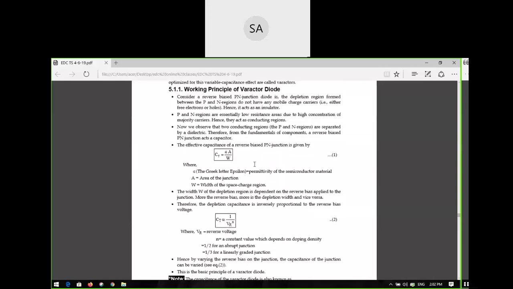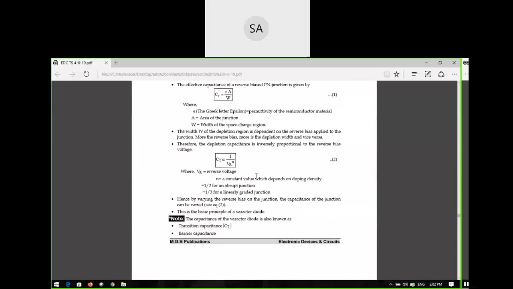So this PN junction diode, which is a varactor diode, is normally used as a capacitor in receivers, such as optical receivers, AM receivers or FM receivers, mainly FM receivers.